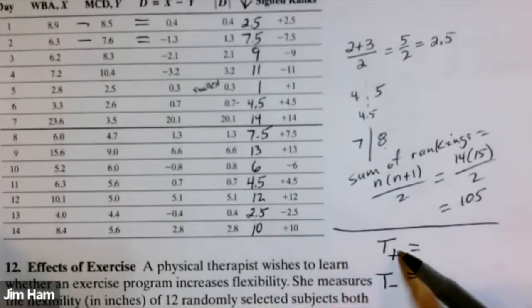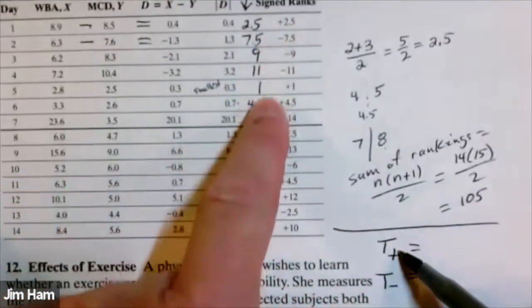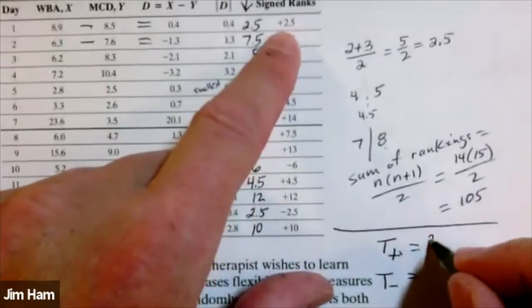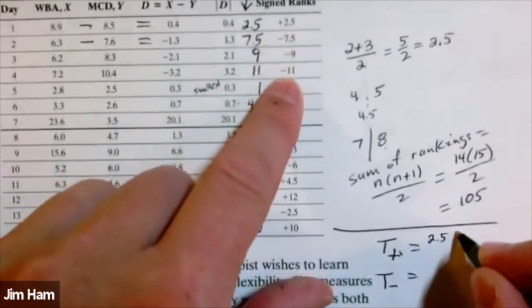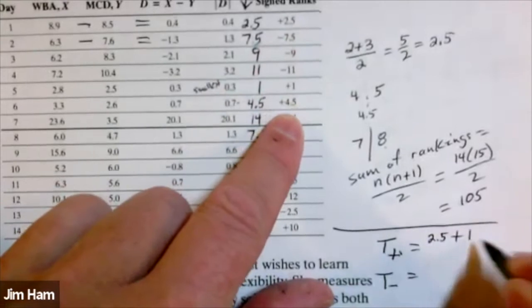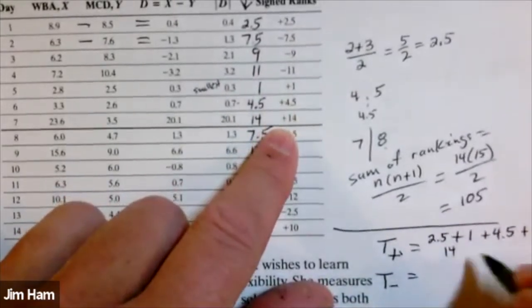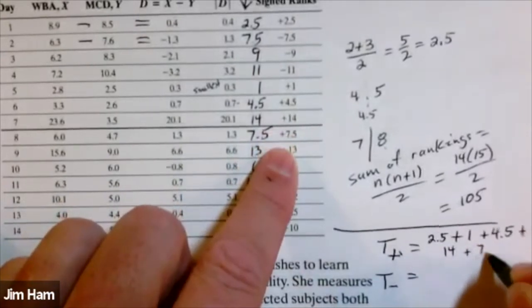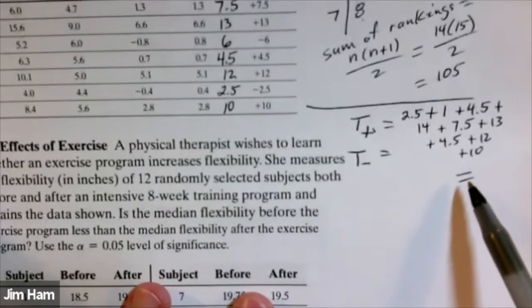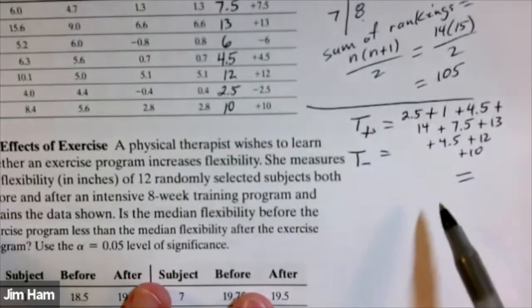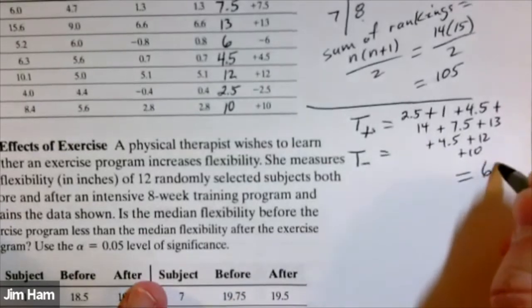So what we're going to do is add all these positive ranks. So every time I see a positive, I'm going to put it up here and add those numbers together. We're going to add the positive ranks, we're going to add the negative ranks, and then we're going to compare. All right, so when you add up all these T positive numbers, you get 69.